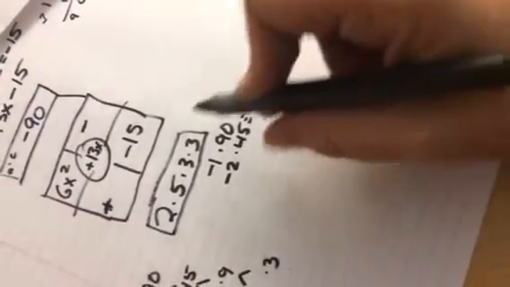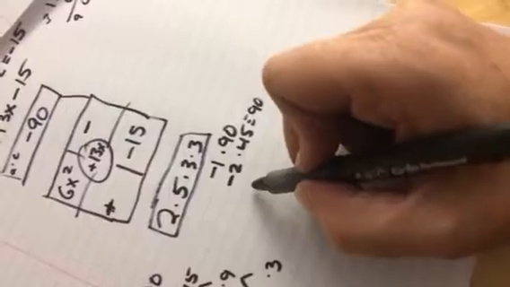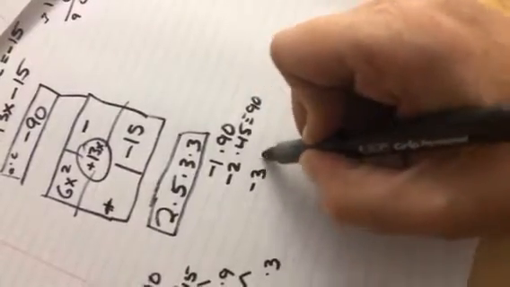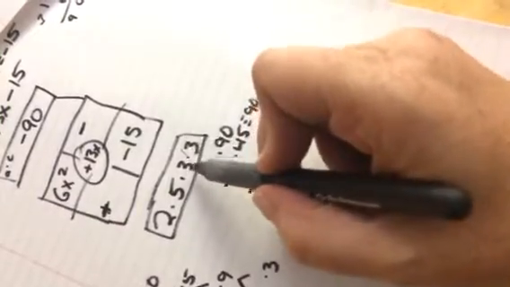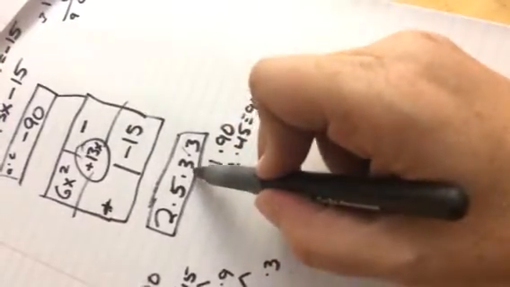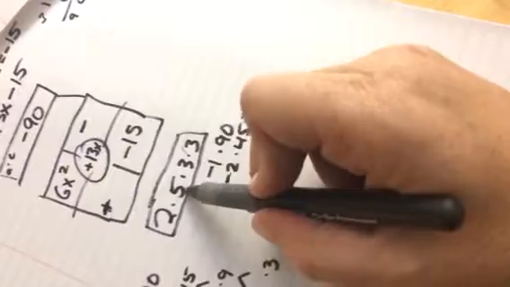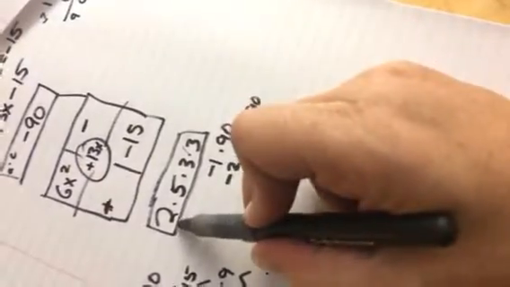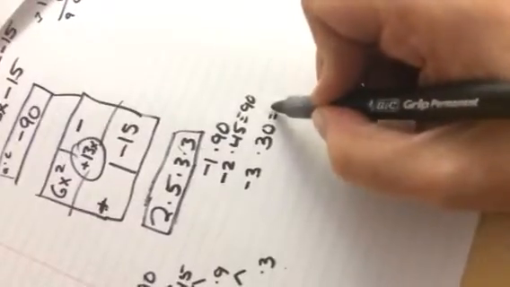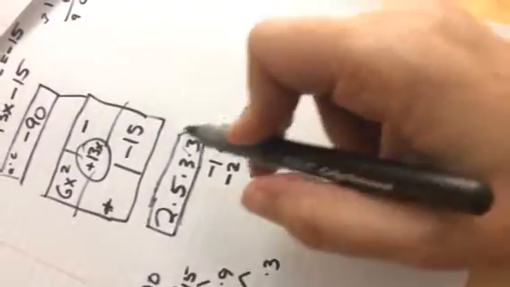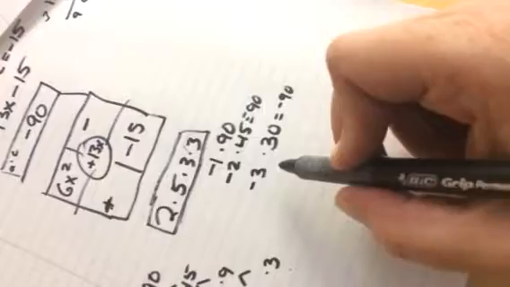Well, that equals negative 90, but it's not going to give me a sum of positive 13. What about negative 3? 3 times what? Well, 3 times 5 times 2 times 3. 5 times 2 is 10, times 3 is 30. So it must be 30 times 3. Well, that equals negative 90, but the sum isn't 13.